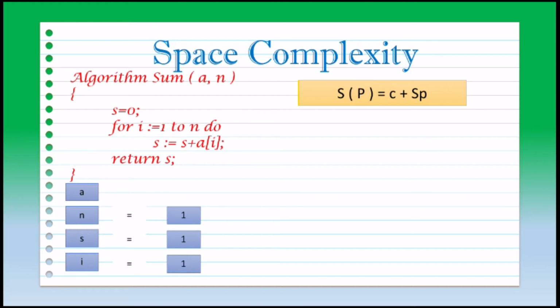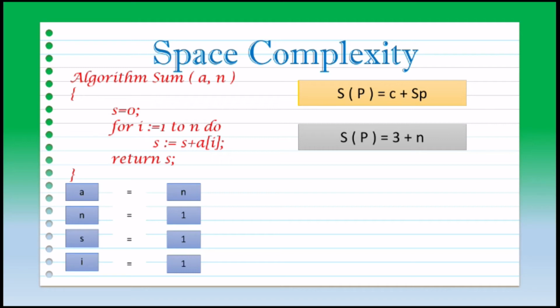That means A requires n words of space. So this algorithm requires 3 words of fixed size and n words of variable size. We put the values in the formula: S(P) = 3 + n.